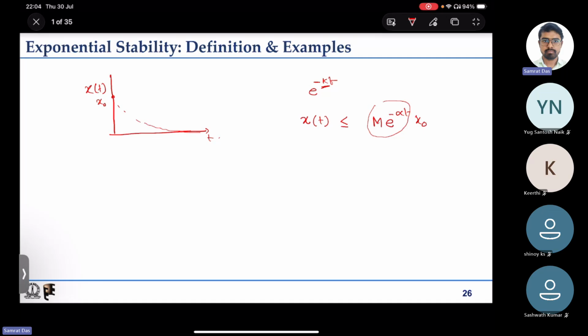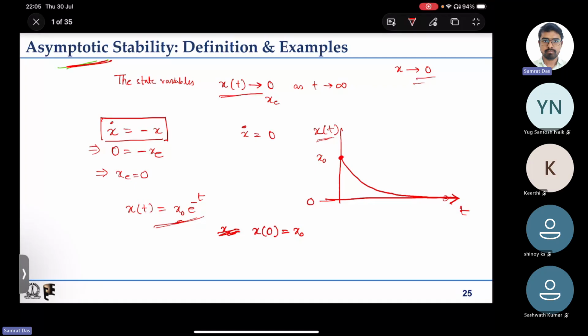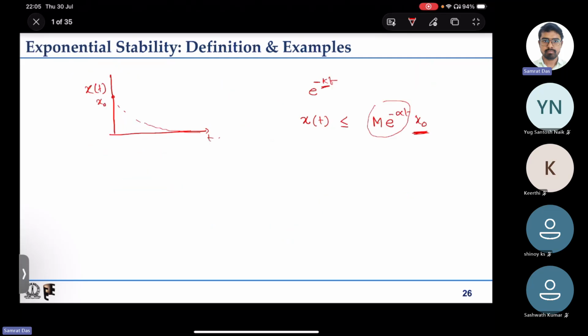You can take alpha to be as small as possible, but x(t) should be less than or equal to that. x(t) should not take a higher time to reach 0 from an initial condition of x(0). This equation clearly tells you that this is asymptotically stable as well as exponentially stable, because the state variable comes back to 0 exponentially.